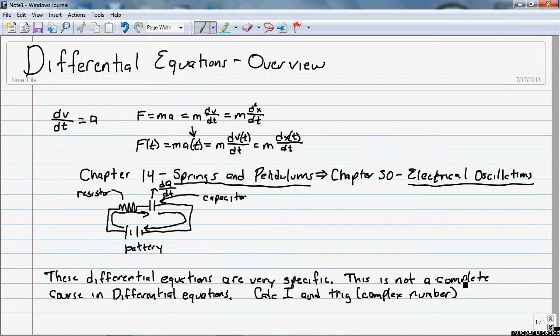So this is where we're starting out, and so the next 18 lectures and little snippets for the differential equations will help walk you through all the different ways that you can solve the formulas, the differential equations that we will be using this semester.